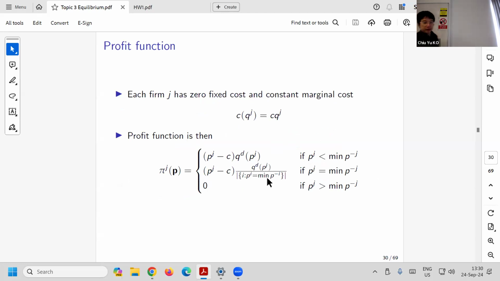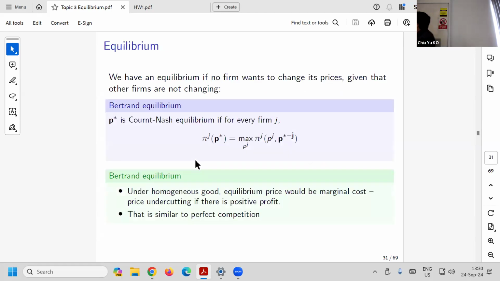So the question would be, consider the Nash equilibrium, where the other firms have their own prices, I set my price given theirs, and I'm not changing, same with everyone. What is the Nash equilibrium? Here they are choosing prices. This equilibrium turns out to be called the Bertrand equilibrium. It's a Nash equilibrium, but in terms of price. The previous one was quantity.